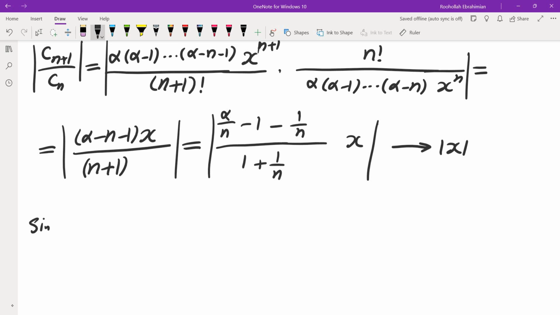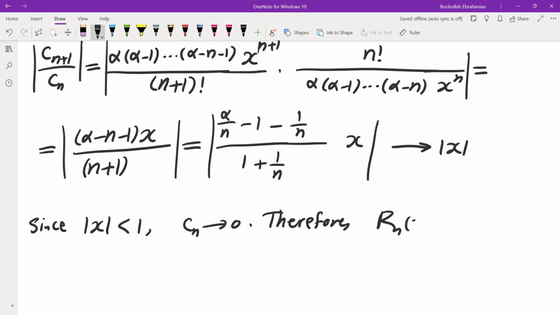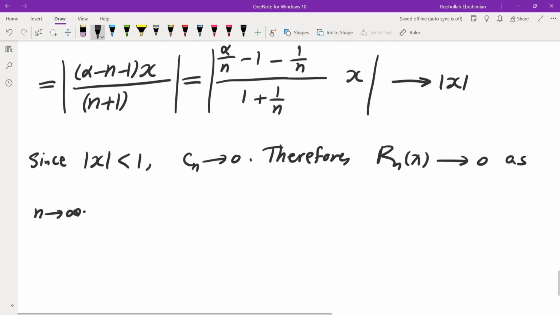Now, since the absolute value of x is less than 1, Cn converges to 0. Therefore, Rn(x) approaches 0 as n goes to infinity. And that's exactly what we wanted to prove.